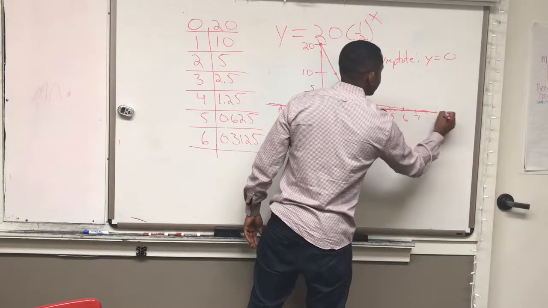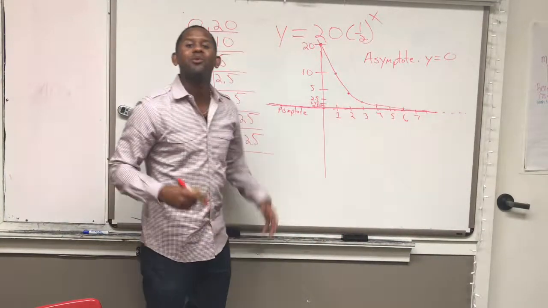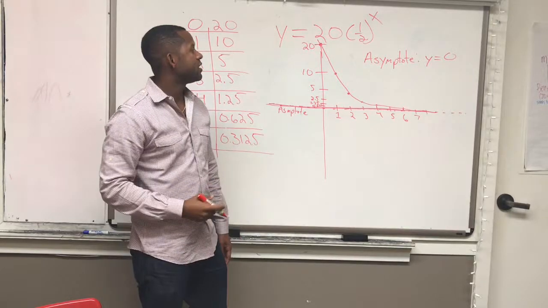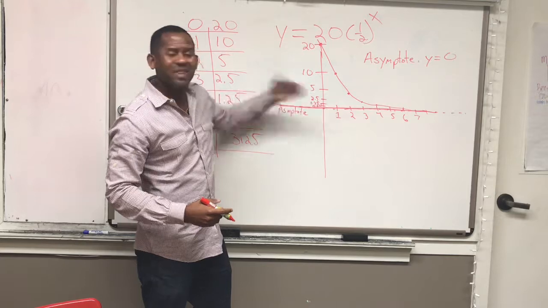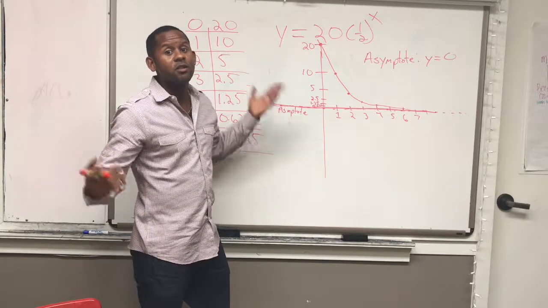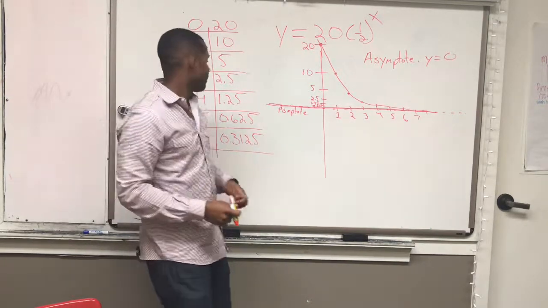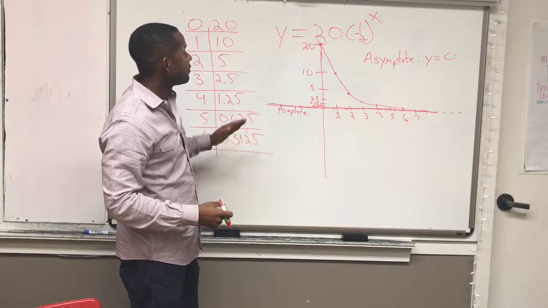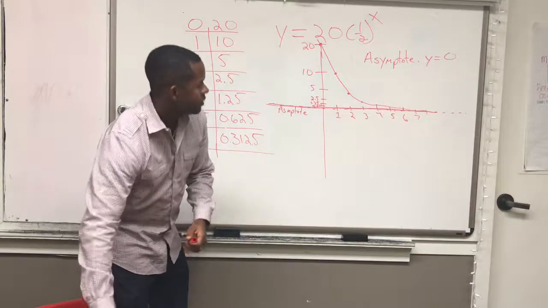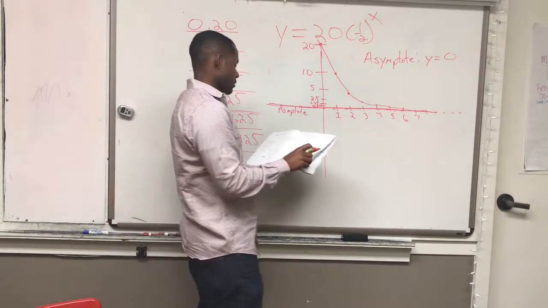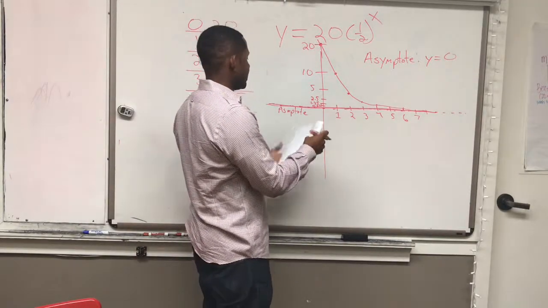Because this thing will get closer and closer to that line, but it will never, ever touch that line where y is always equal to 0. That's all the asymptote is. We want to make sure that you knew that. So you'll find something that a graph approaches, but it never touches.